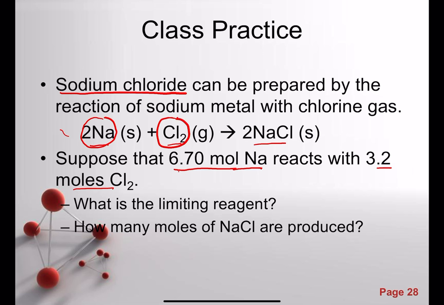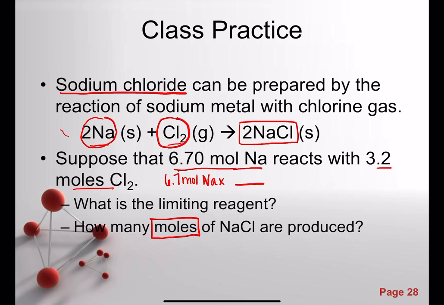And we want to know which one's going to run out first when we're trying to make sodium chloride. So I'm going to first set up my 6.7 moles of Na. Now, the question is asking me how many moles, so we're just going to keep it in moles. We don't have to go to grams or anything else here because it's just asking us about moles.